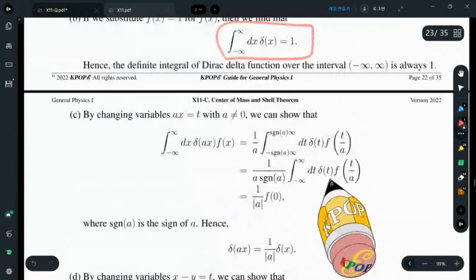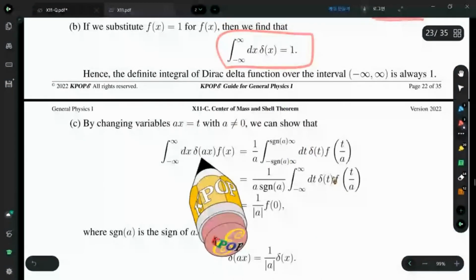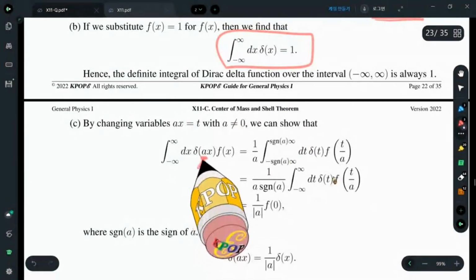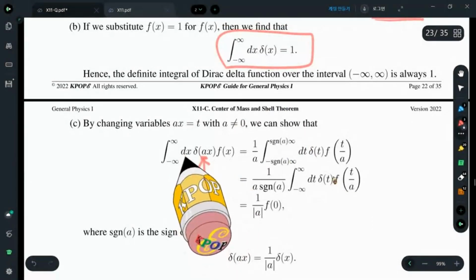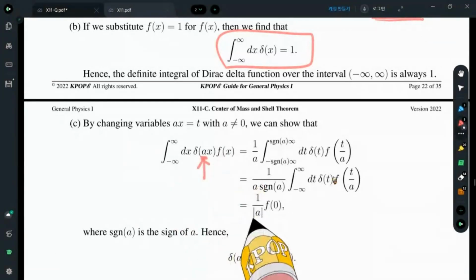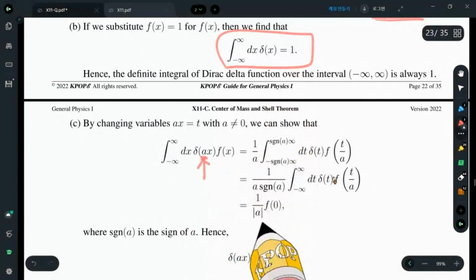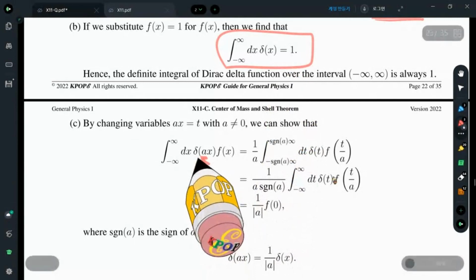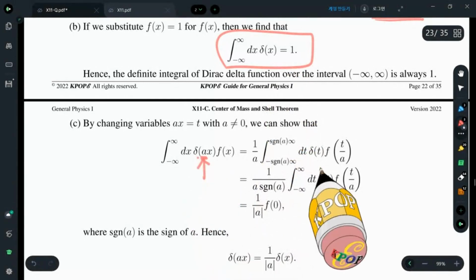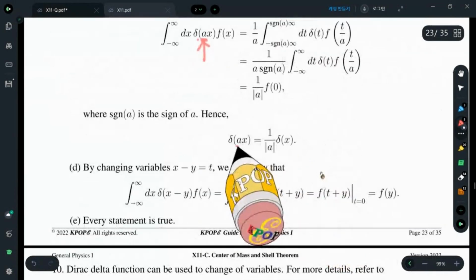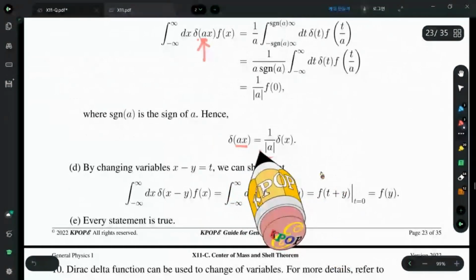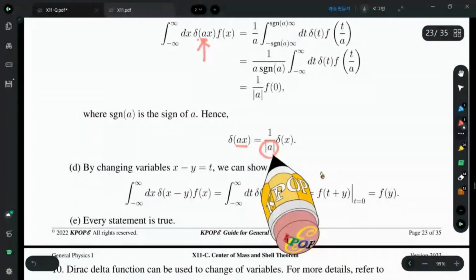Simply, if we multiply the argument by some constant, we can change the variable. We find that the Dirac delta function of ax has the factor 1 over the absolute value of a multiplied in front.